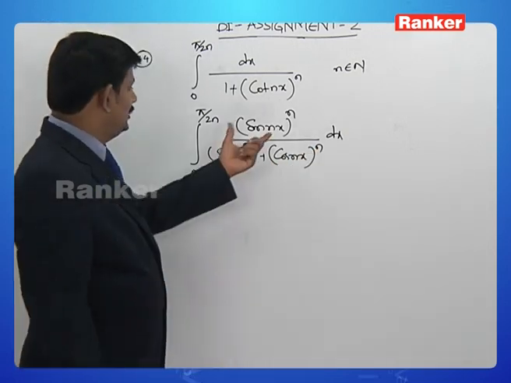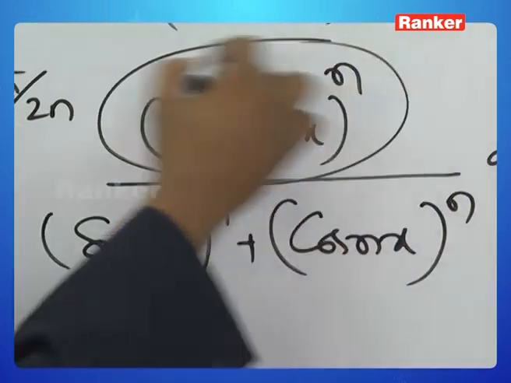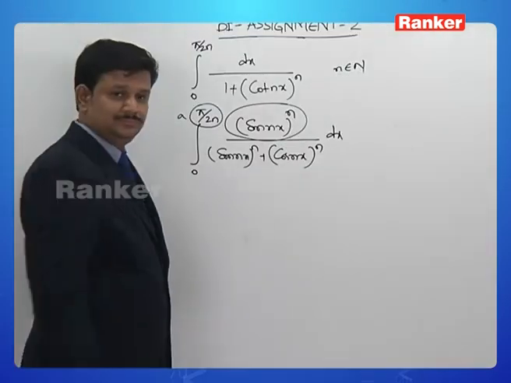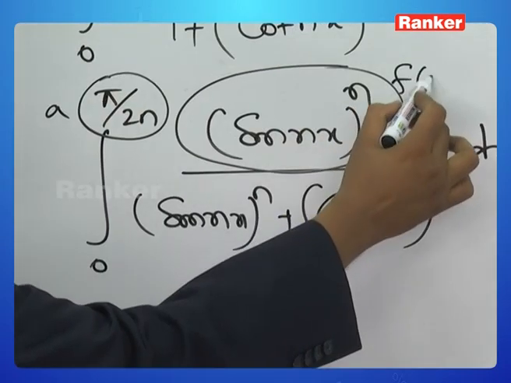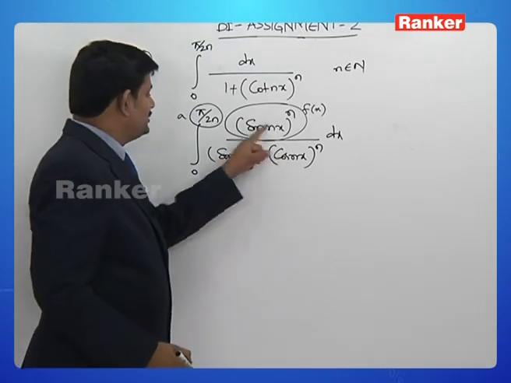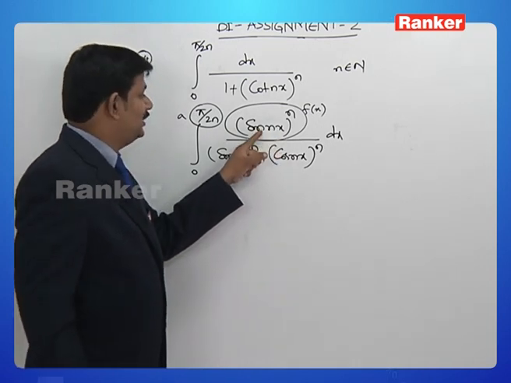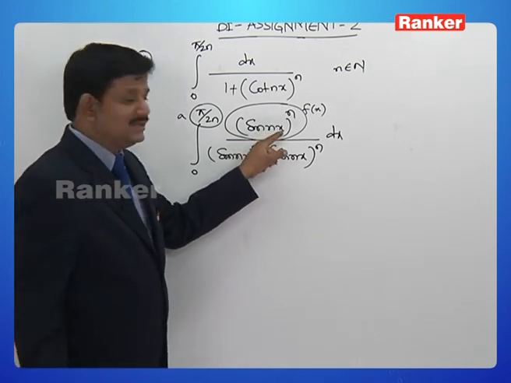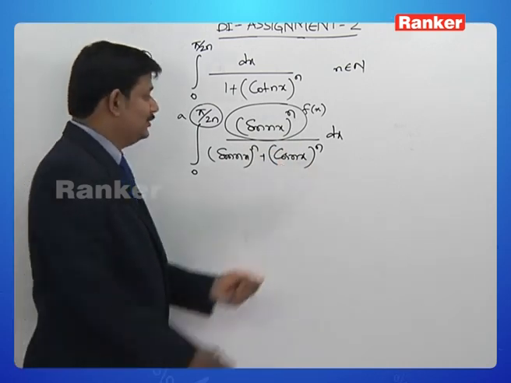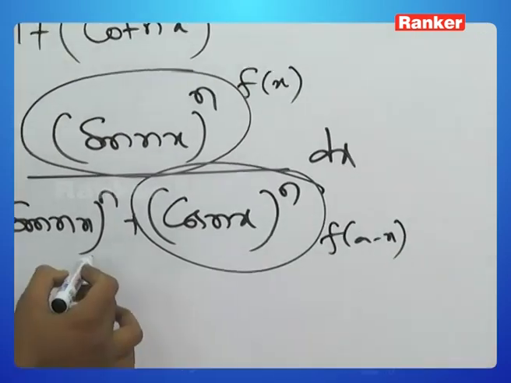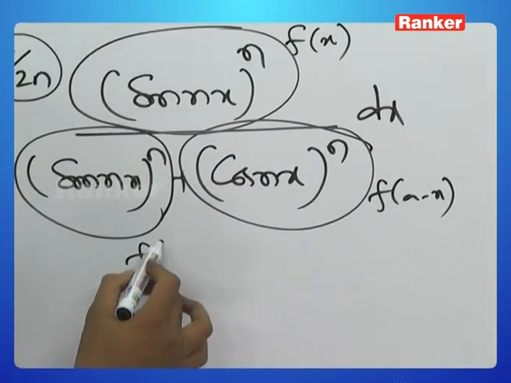Now, if you observe, I call this function f of x, and this limit as a. If I replace x with a minus x, that is pi by 2n minus x, we get sin of (pi by 2 minus nx), which is cos nx. So, this will be f of a minus x, and this is already f of x.